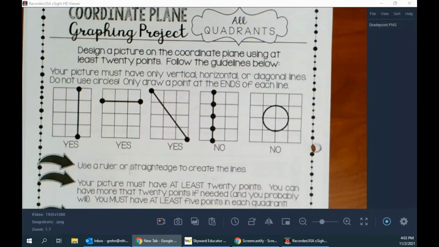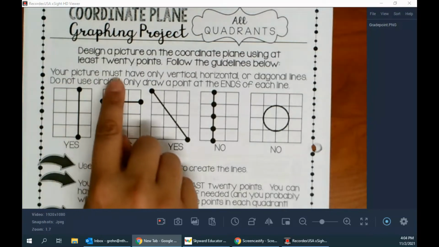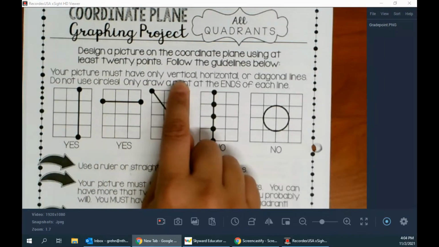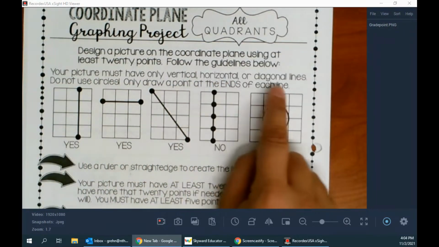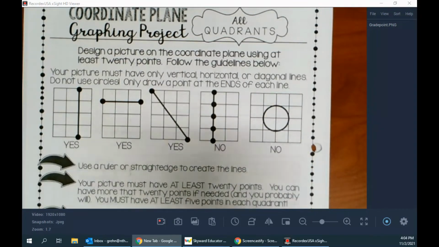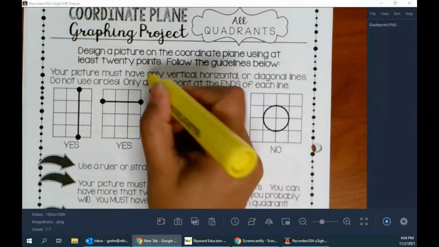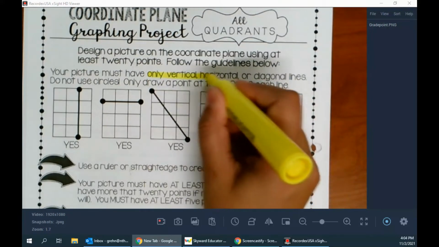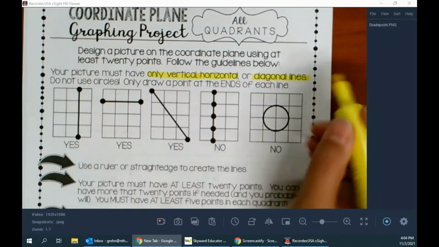So you get to create a picture or some sort of a design in the coordinate plane, and you're going to be using at least 20 points. You could use more, you just can't use less. Your picture must have only vertical, horizontal, or diagonal lines. That's pretty important: only vertical, horizontal, or diagonal lines.